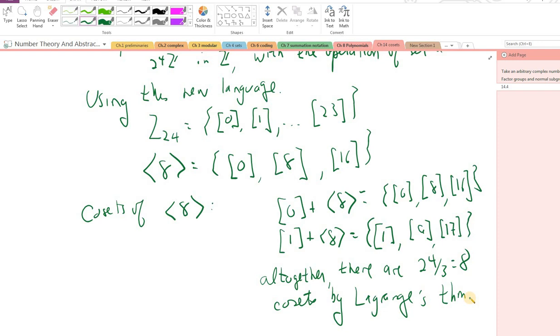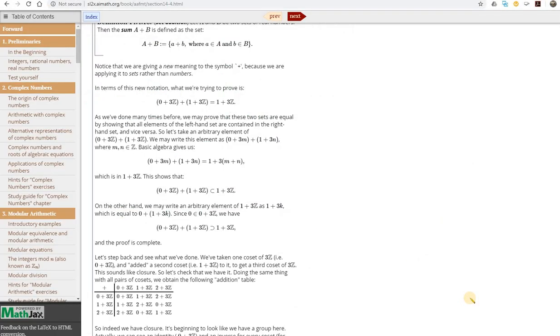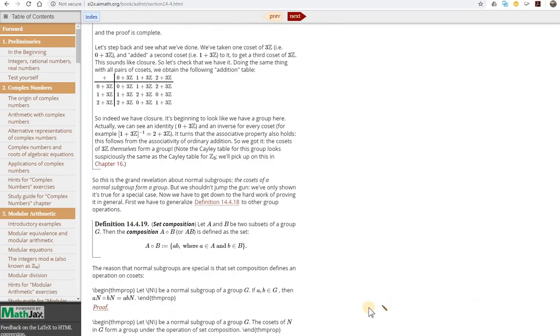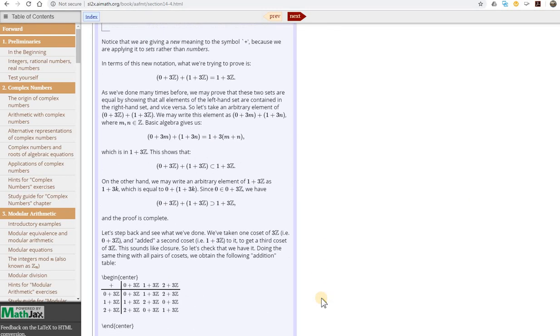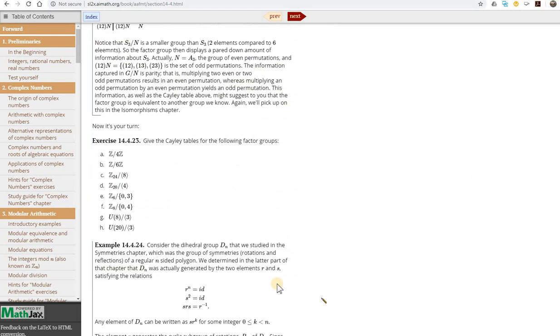So those are additive cosets. Now don't get messed up with the multiplicative cosets. It's the very same procedure, as long as you understand what's going on. So here I put angle brackets 8. I could possibly put angle brackets square brackets 8.